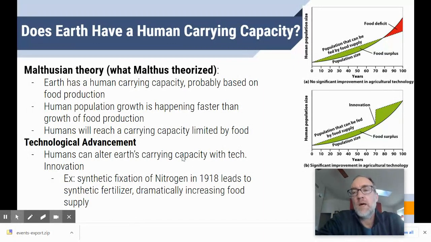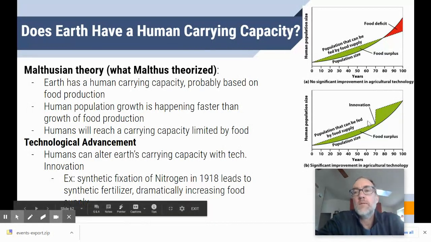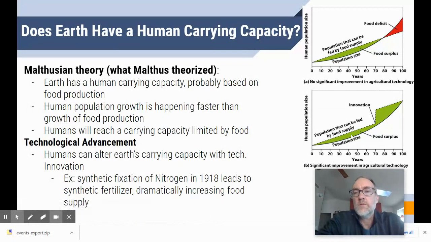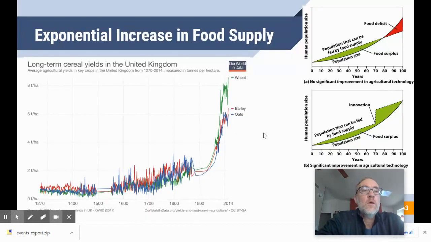We also did a lot of selection for different traits in our corn and our wheat and rice and other crops, and we dramatically increased our food production per acre. And that obviously allowed us to support more people on this planet. So, significant improvement in agricultural technology. Something to remember, make sure you write that down in your notes.